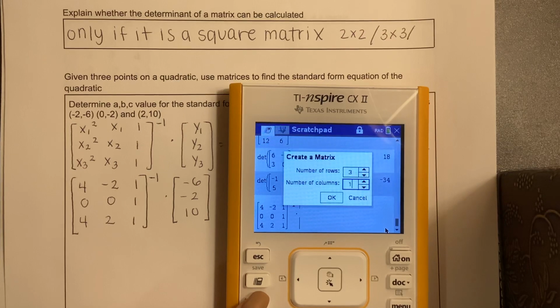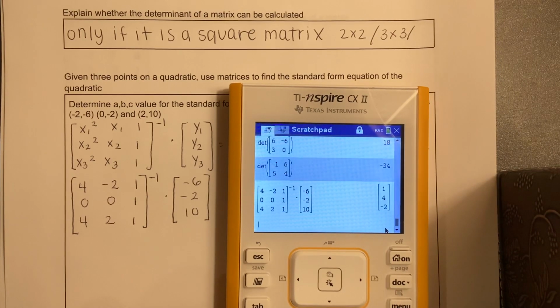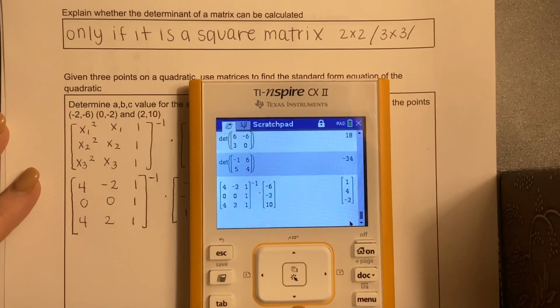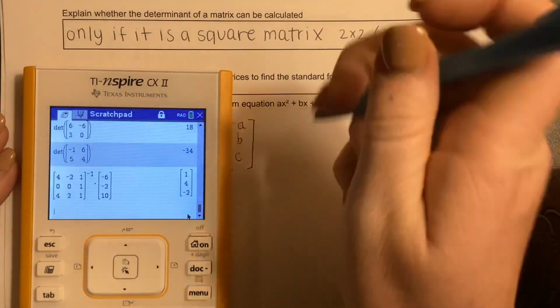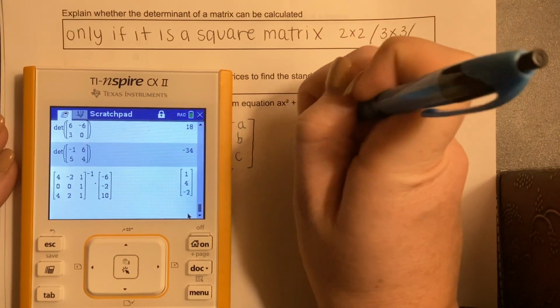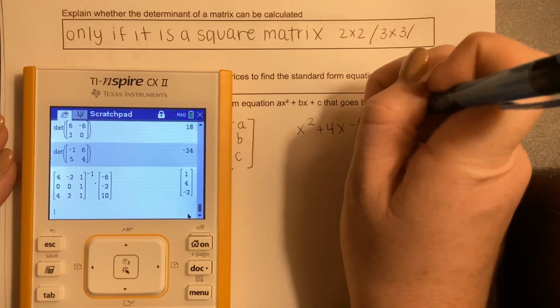This is a 3 by 1, and we're typing in -6, -2, 10, hitting enter. It's telling us that our A value is 1, our B value is 4, and our C value is -2. So you would write that as x squared plus 4x minus 2.